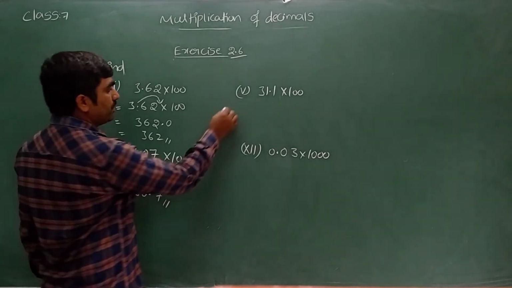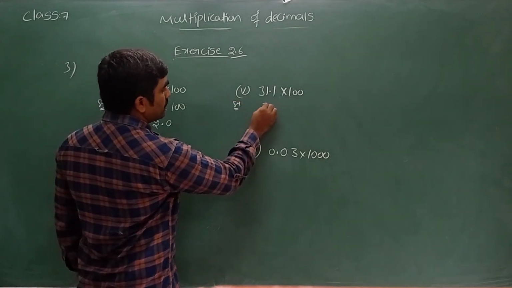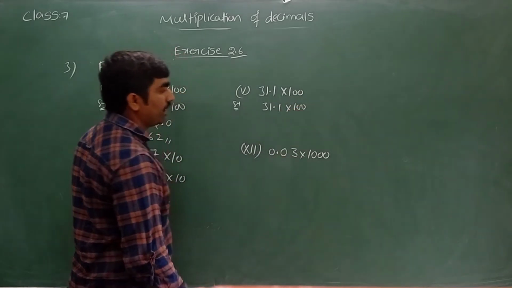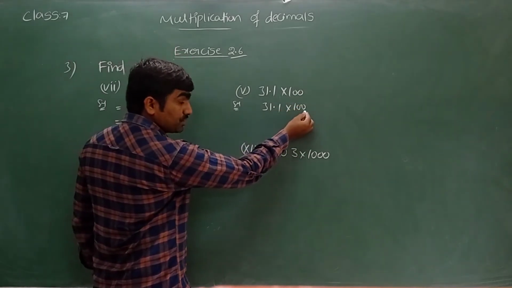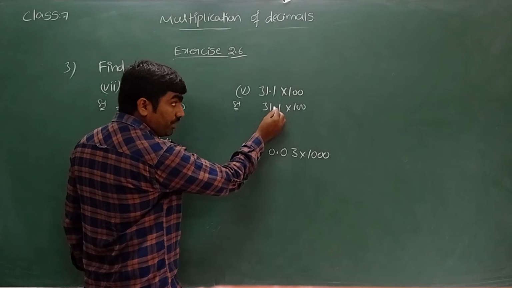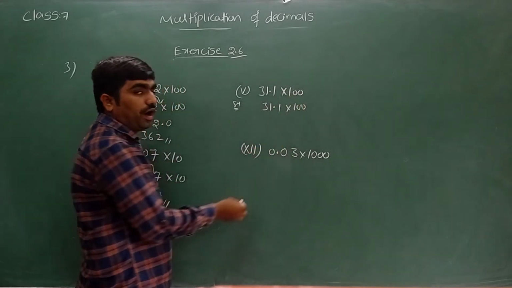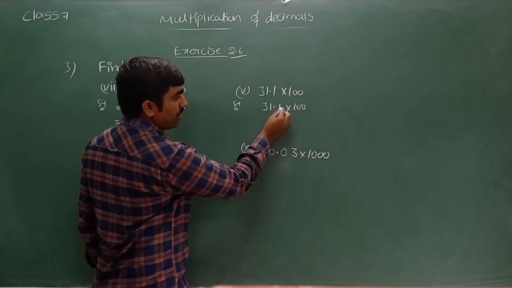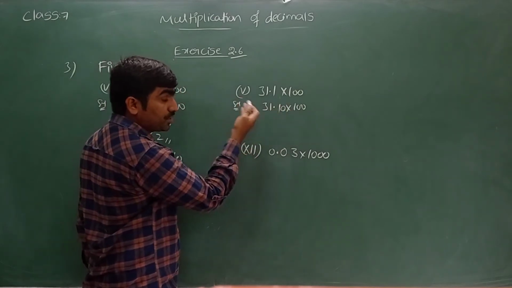Now let's see one more. Solution. 31.1 into 100. Here I can see 2 zeros, so the decimal point we need to shift right after 2 digits. On the right side we don't have 2 digits, so we can keep 0 so that I can see 2 digits.